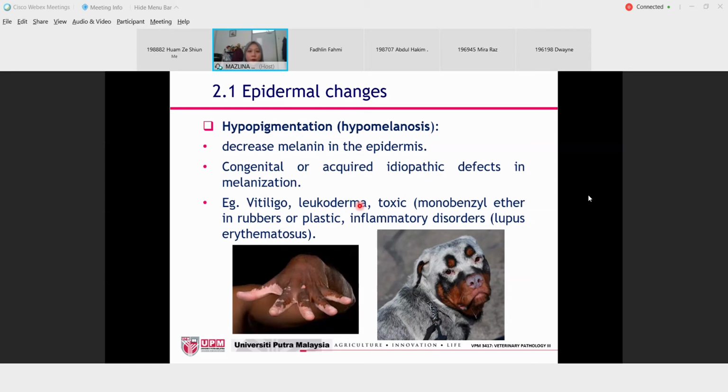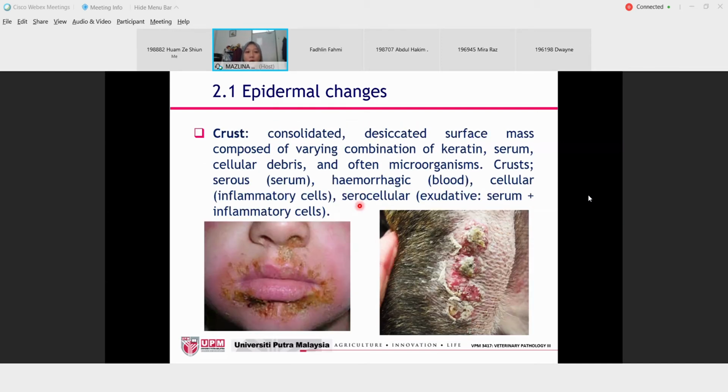Alright. Other changes in the epidermis can be crust. So crust is basically a consolidated, desiccated, meaning dried, surface mass composed of a varying combination of keratin, serum, cellular debris, and often microorganisms. So this crust can be classified into different types depending on what it is made of.